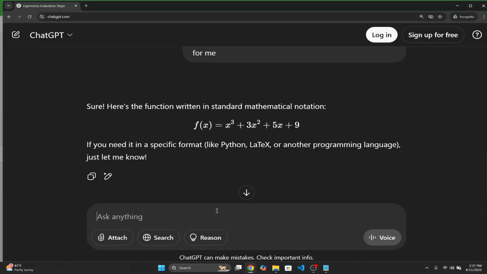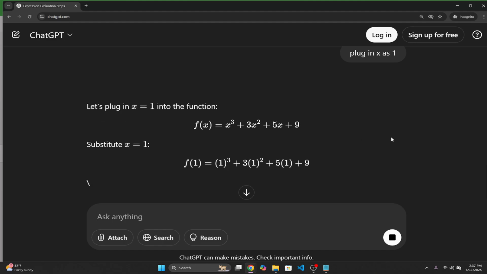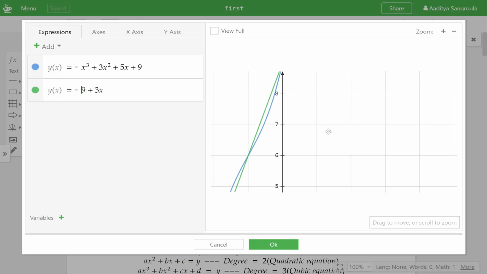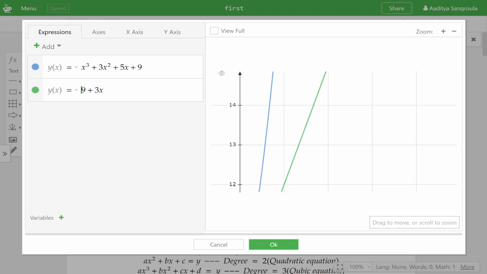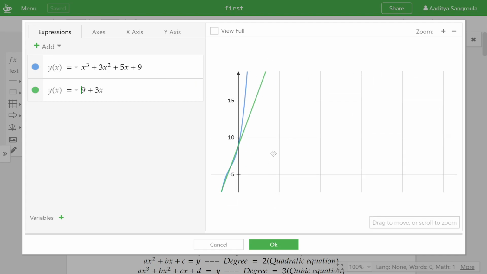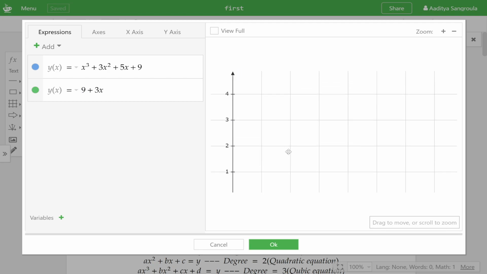So plug in x as 1. Let's see. If we plug in x as 1, we should get y as 12. Oh, sorry, 18. Let's see what the problem is. 12 is here.